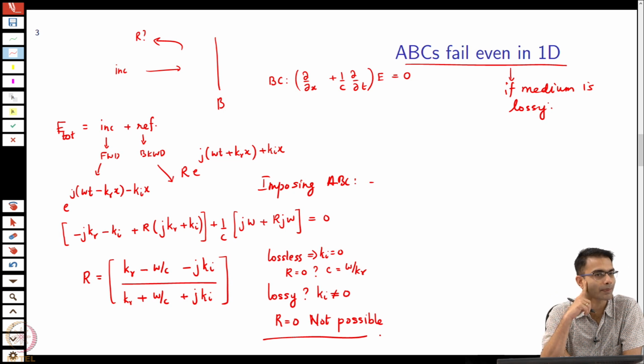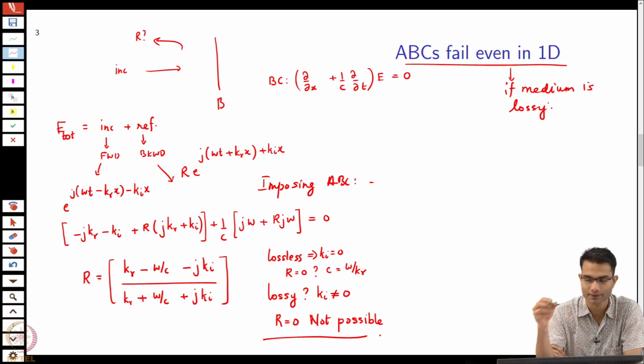Okay. So, what is a practical way around this situation? Supposing you had to live with it, you had a lossy medium and you wanted to impose ABC, what was the way around it? So, notice what are these waves? What kind of waves do we call these with a decaying part? Yeah, correct, say that again. Evanescent waves, right?